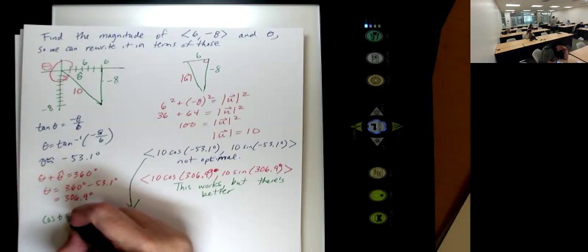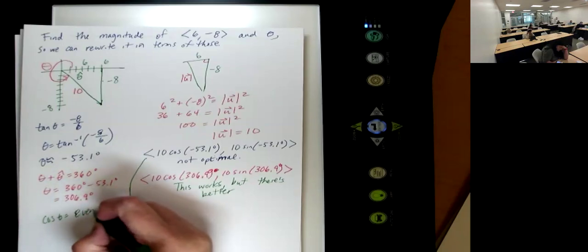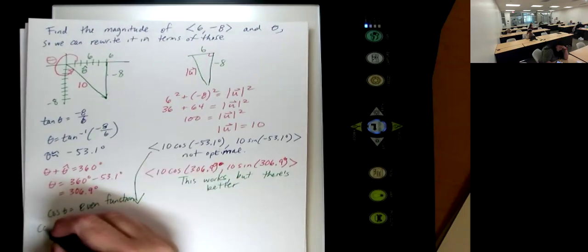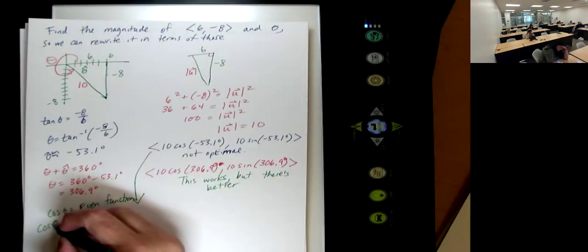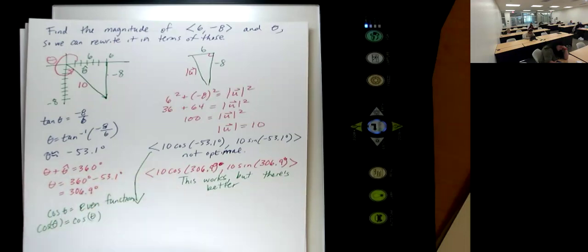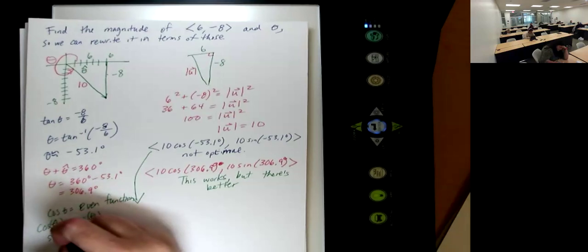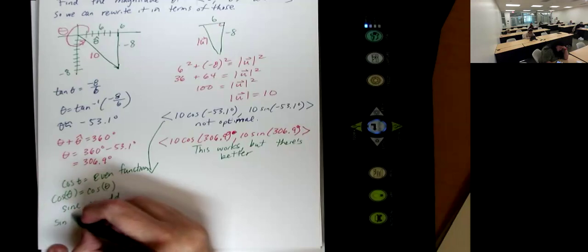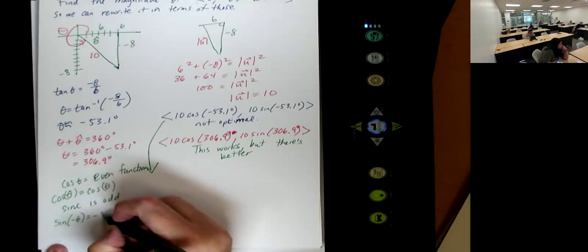Cosine is an even function, which means cosine of negative theta is the same thing as cosine theta. Sine is odd, so sine of negative theta is the same as negative sine theta.